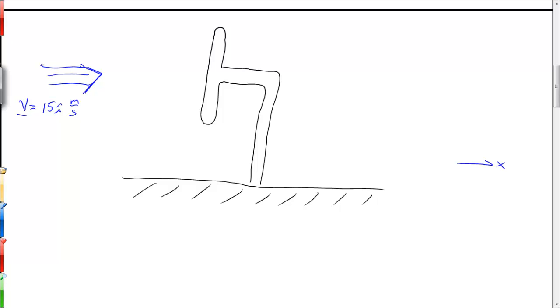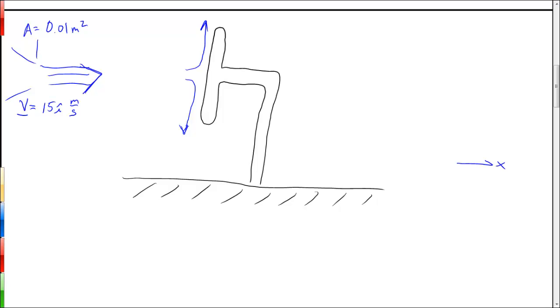And the nozzle area, so we're shooting this jet out of a nozzle, and the nozzle area is equal to 0.01 meters squared. Now we are going to assume that the water jet hits the plate and is diverted like this, such that the water leaving the plate is either going straight up or straight down.